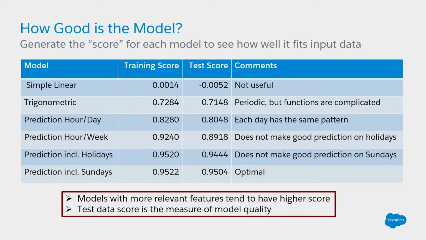If the difference between the training score and the test score is small, that means that you have a good model. If you have a good training score but a low test score, that means you have a case of what they call overfitting of the model. So you are building a model that fits training data but doesn't have real value when you apply it to the test data.